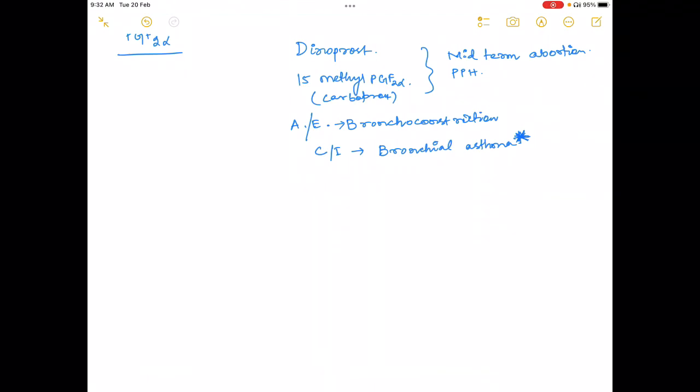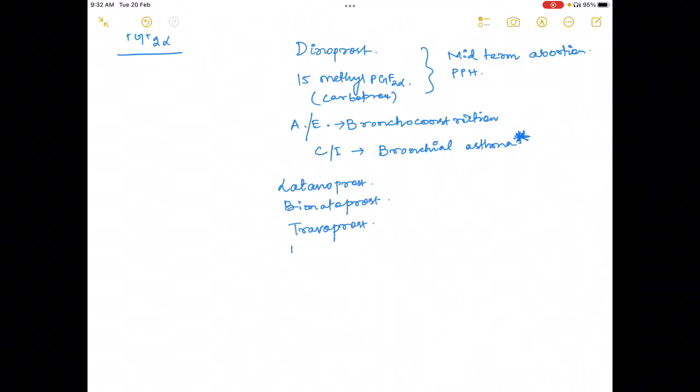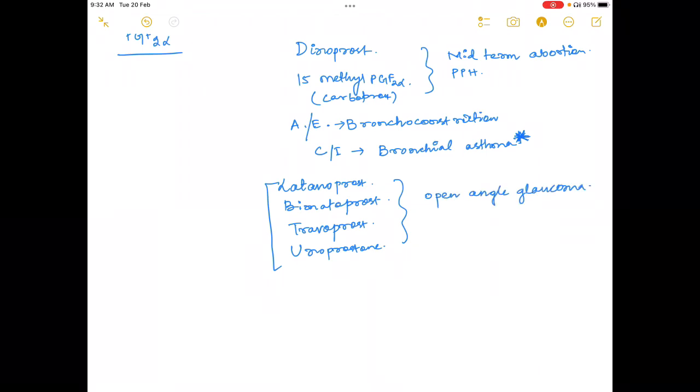Coming to certain topical preparations, eye drops which are used in glaucoma, which are analogs of PGF2 alpha. What are these? Latanoprost, bimatoprost, travoprost, and unoprostone. These are used in case of open angle glaucoma. What is their mechanism of action?